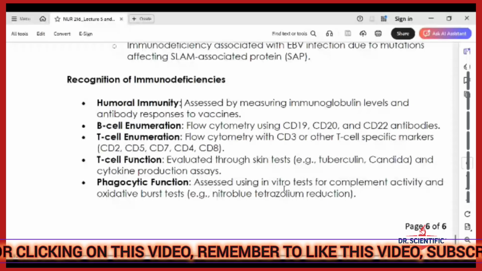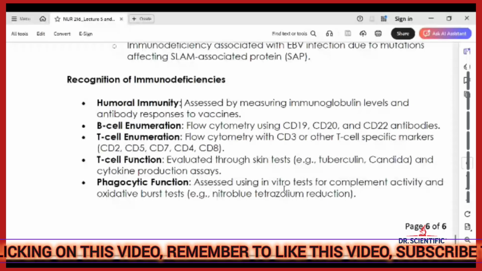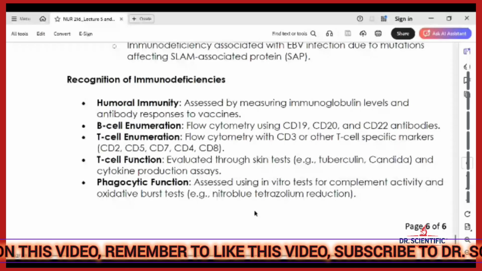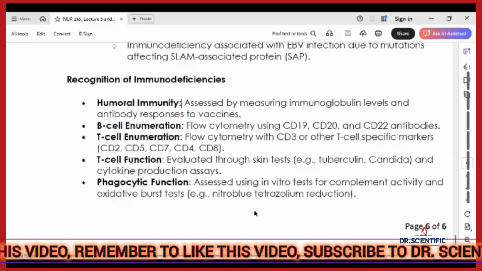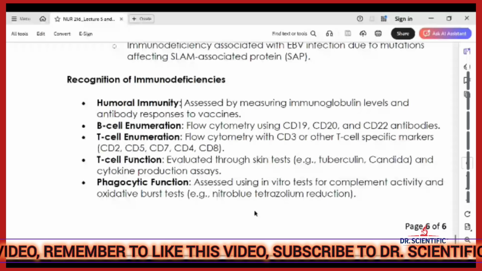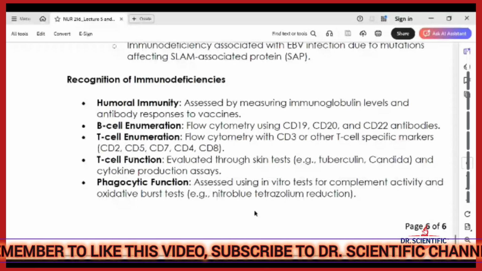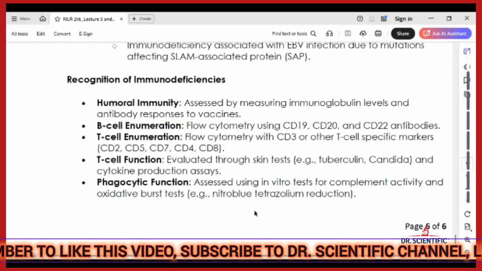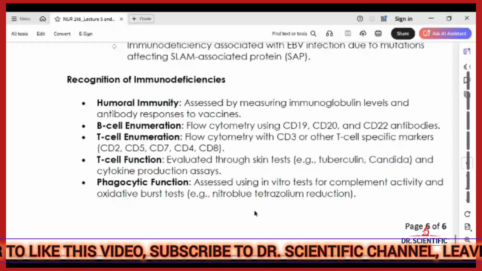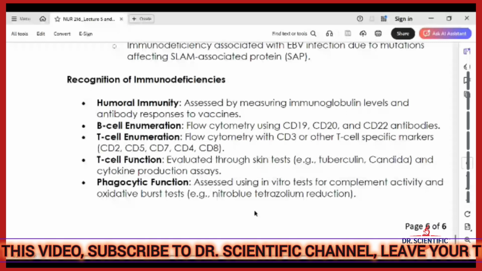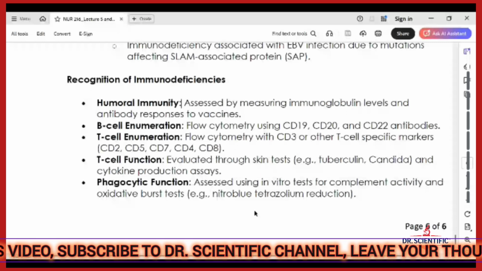So that is how you're able to detect if an individual has problems with the immune system or not, especially for these primary ones. For the acquired, of course, causative agents can be known, but for primary ones, they are genetic conditions. So you can only do a test to know whether an individual has issues or not. But of course, you're able to tell there's a problem if they are suffering from recurrent infections.